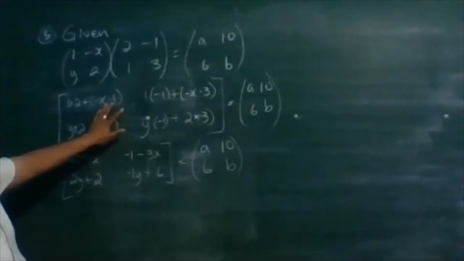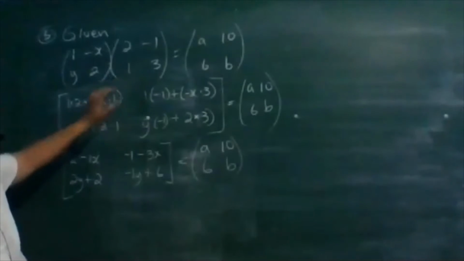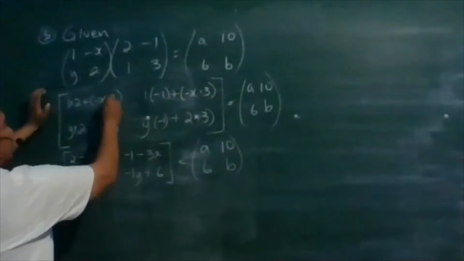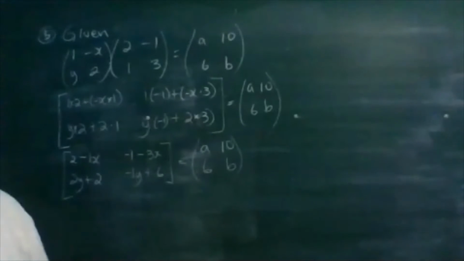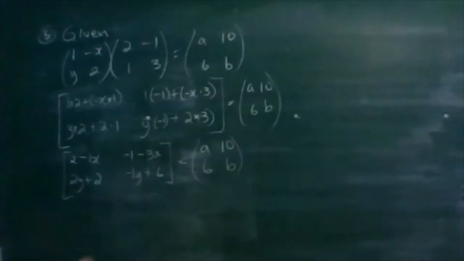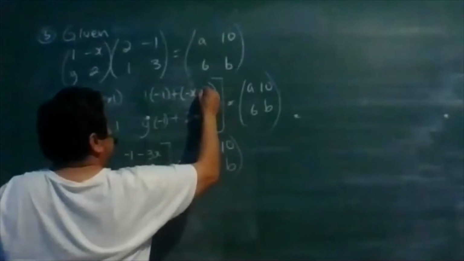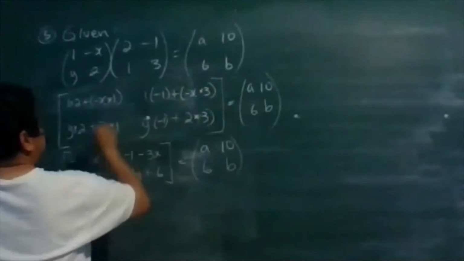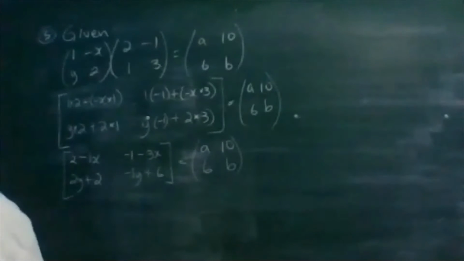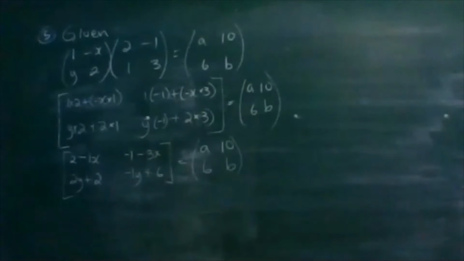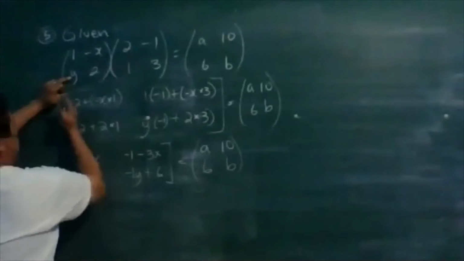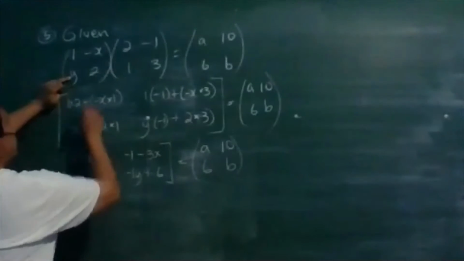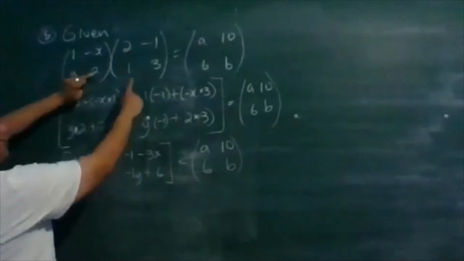Yes, because this one is positive, but we just put times, negative x times 1. Oh, times 1. Instead of the little dot, let me put the times sign. Oh, I couldn't see it well. And then the y is plus after that? Y times 2 plus 2 times 1.